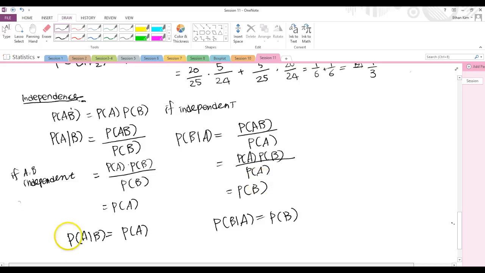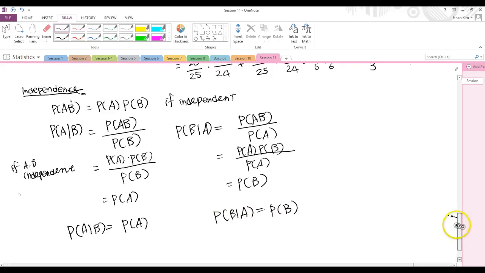We don't care about conditional probability because these two are independent. Given that B has occurred, we don't really care what A is. It's not dependent on the result of B. It's just the same as the probability of A. So that's independence.